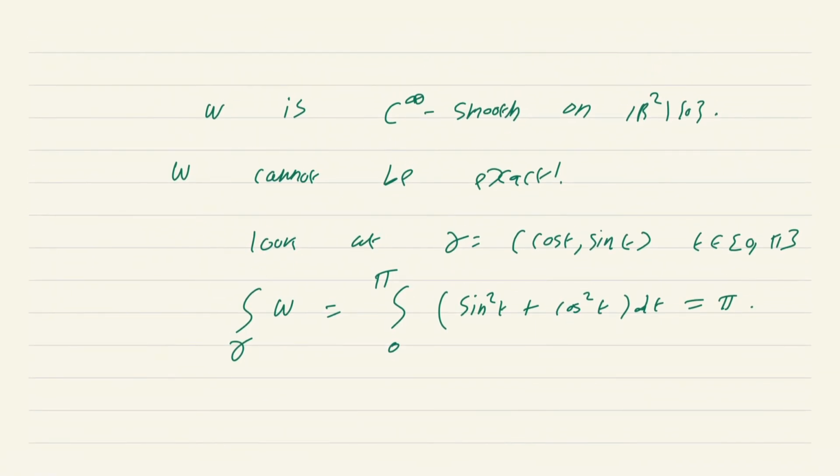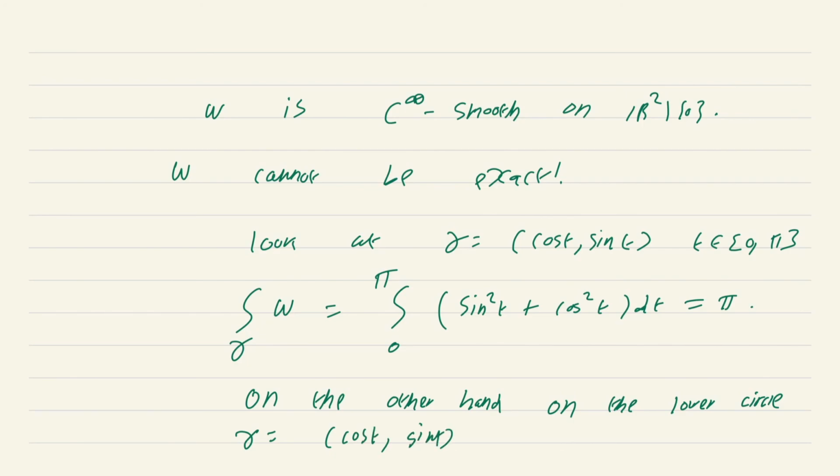On the other hand, if you integrate it on the lower circle, we can take the same function, gamma is cos t, sin t, except t now runs from pi to 2 pi.